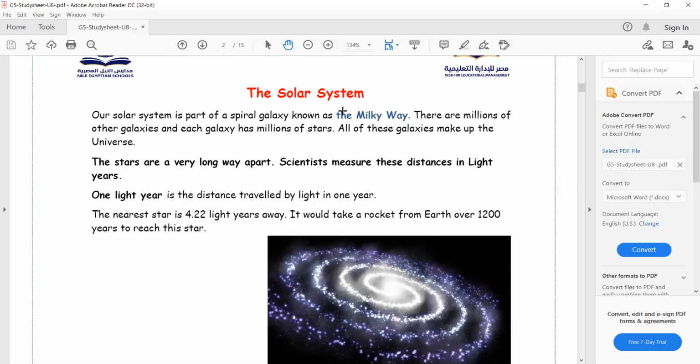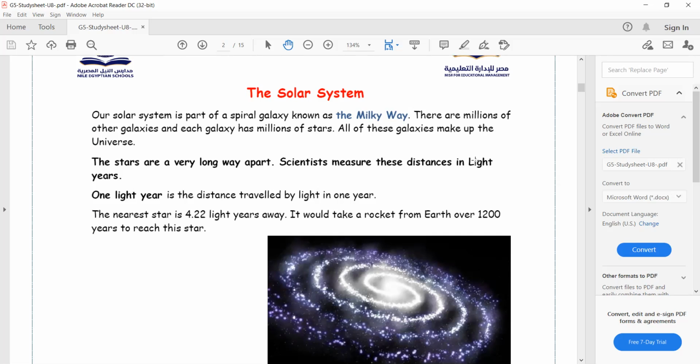The distances between the stars are so far away, so we use a unit to measure this distance. It's called the light year. The light year is not a measuring unit for time, it's a measuring unit for distance.